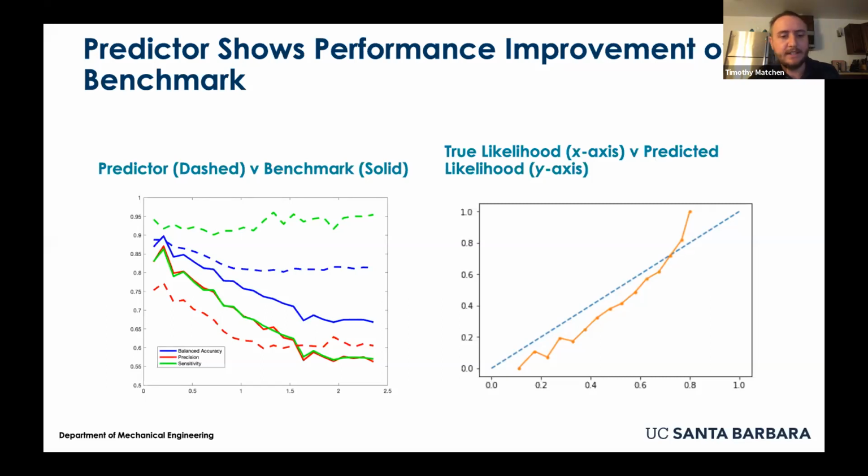Also, kind of critically, we found that it maintained a higher level of performance as we extended out the actual gap between when we were looking at it and the result. So what I mean by that is, as we shifted this window away from the current state, you can imagine that if there's no time difference between the two, then our null hypothesis is going to have 100% sensitivity, 100% accuracy, et cetera.